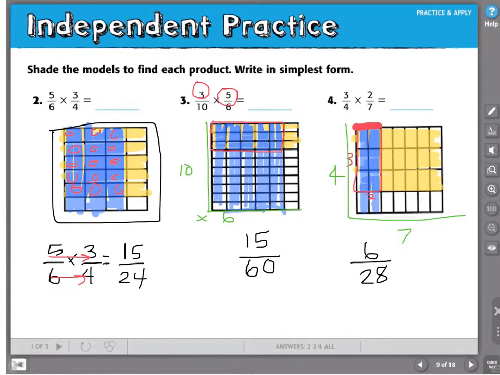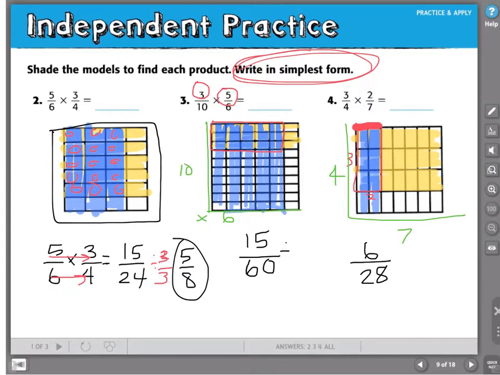However, let's not forget that we must write our answers in simplest form. So here I know the greatest common factor between 15 and 24 is 3. So divide both numerator and denominator by 3 and I get 5/8.